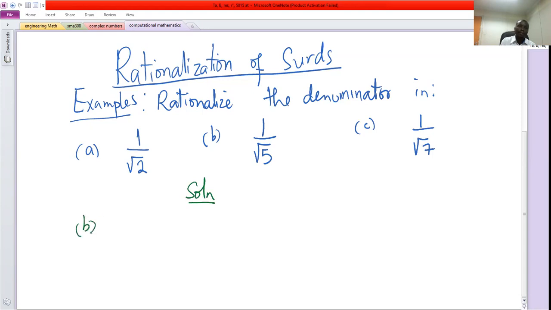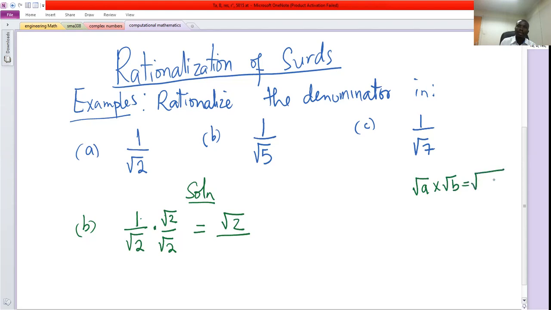So a, 1 over root 2. You multiply the numerator by root 2 and the denominator by root 2. So we'll have 1 times root 2 is root 2. Root 2 times root 2: remember, square root of a times square root of b, we just write one square root sign and multiply the numbers inside.